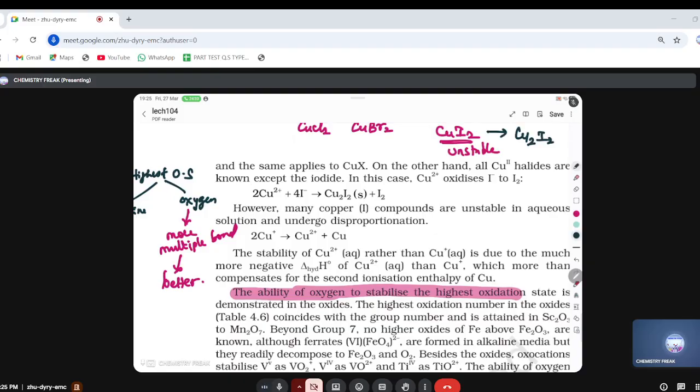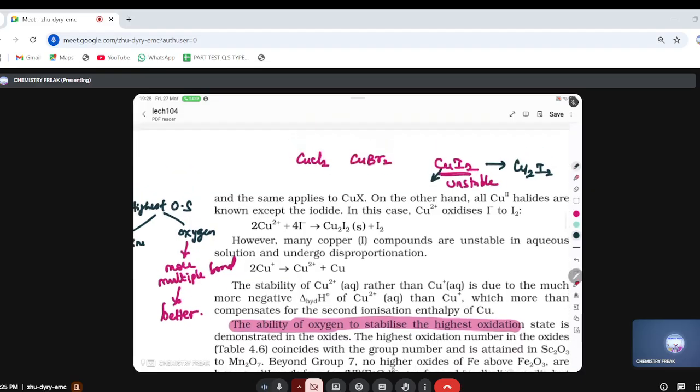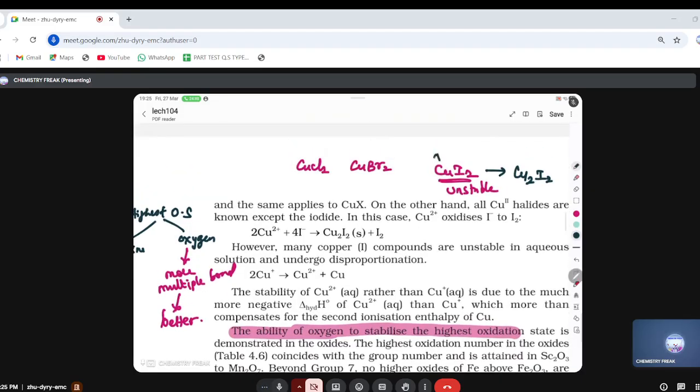They are explaining this here. Why? Because what is the charge of copper here? The charge of copper is 2 plus. What is the charge of I here? I minus 1. What is the reduction potential of copper? Positive, plus 0.34.